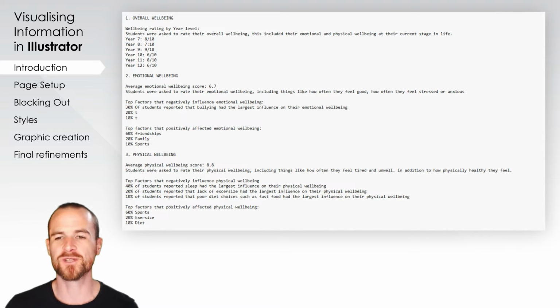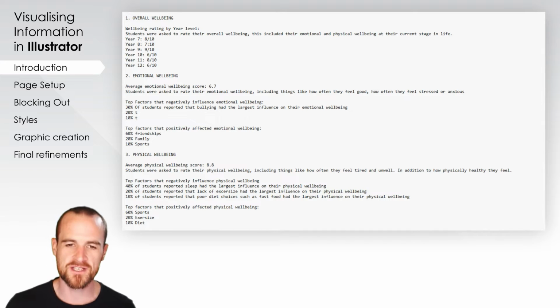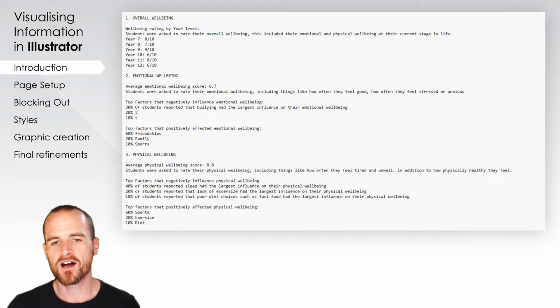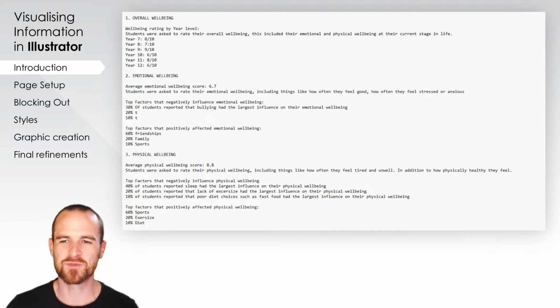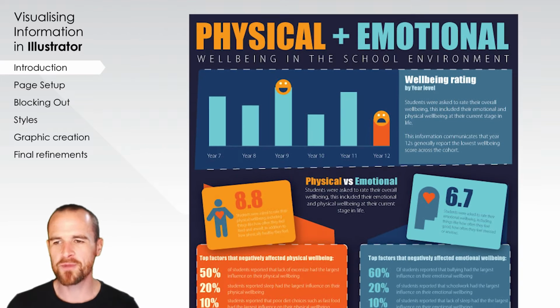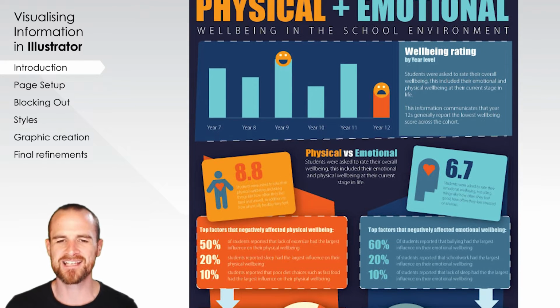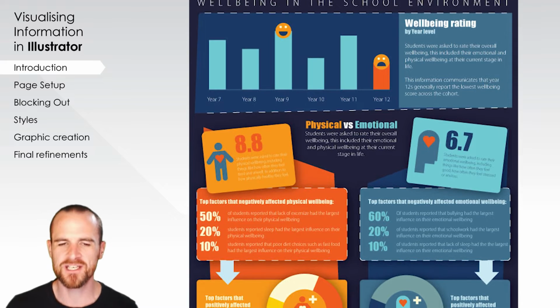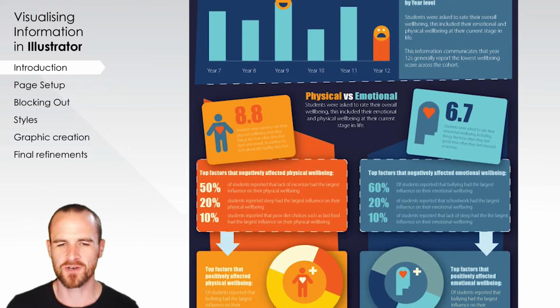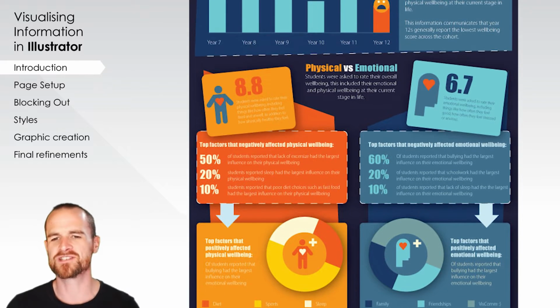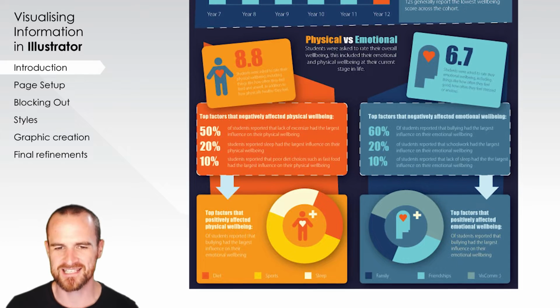Following on from this, we'll have a section on emotional well-being, followed by a section on physical well-being. Now, I could go into lots more detail about this, but the purpose of this lesson is more about how to translate this using Adobe Illustrator into an infographic from this rather drab-looking text.